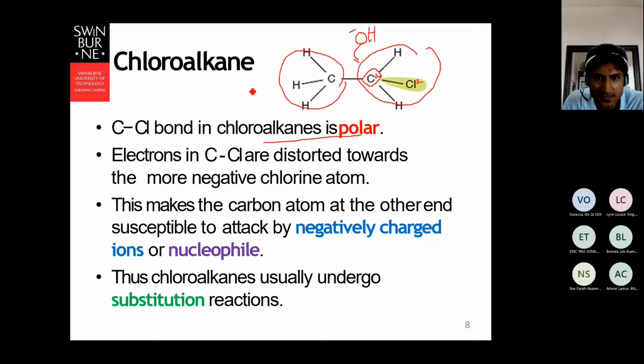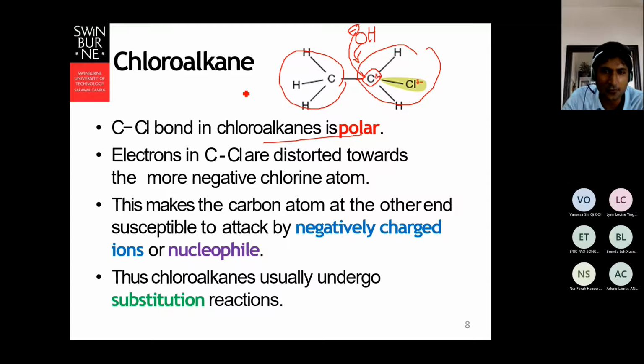Since it is negative, it will look for a positive side to attack. So carbon becomes more vulnerable, or prone to be attacked by negatively charged species.